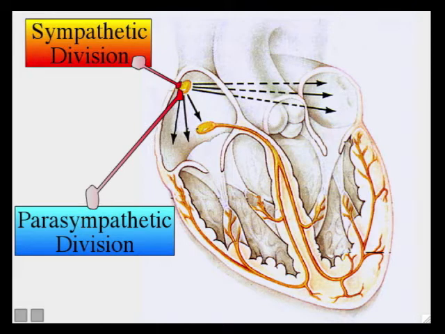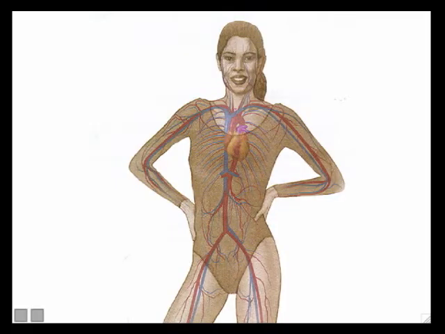There are some other things that can also affect your heart rate in addition to the sympathetic and parasympathetic division neurons. One thing that can affect it is whether you're male or female. Women tend to have slightly higher heart rates than men on average.